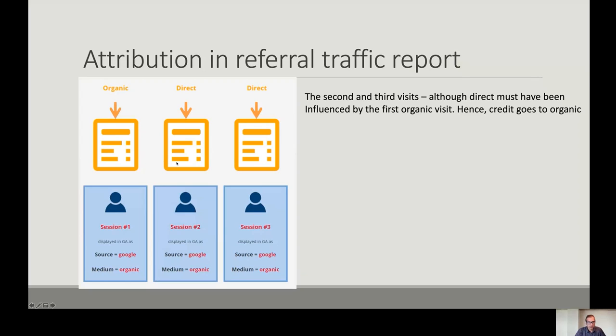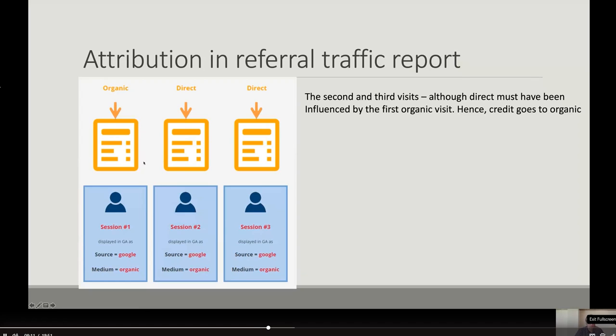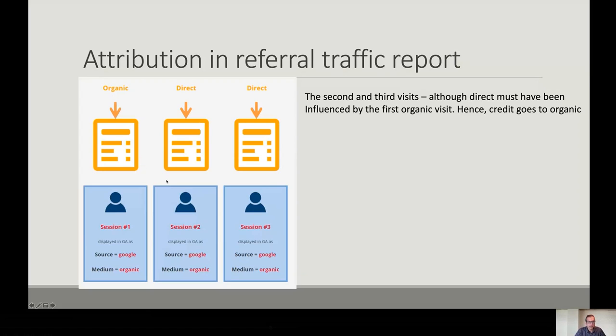So now should this appear as direct traffic or should this appear as organic traffic? The way that Google Analytics does it is that because the first visit of the user was through an organic click, the second visit, which was a direct click, is only because of the fact that the user came in first through an organic click, right? So the benefit of that second visit is attributed to the organic side, and is not counted as a direct visit by the user.